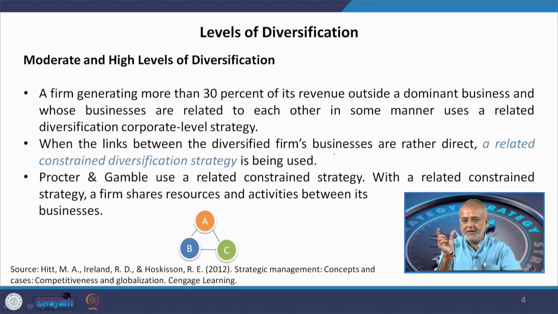The authors have done this on the basis of their experience, analyzing organizations in due course of time, looking at examples and studying several kinds of organizations. So, a firm with 30% of its revenue outside the dominant business, and whose businesses are related to each other in some manner, uses a related diversification corporate level strategy.